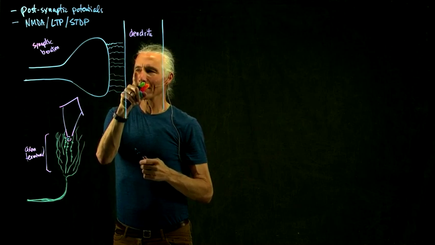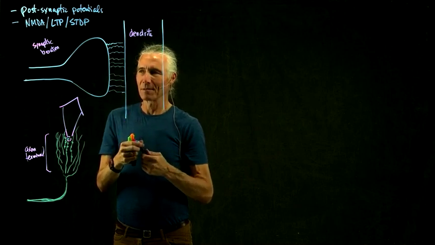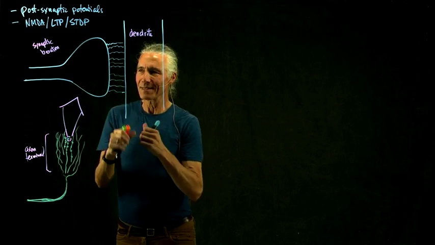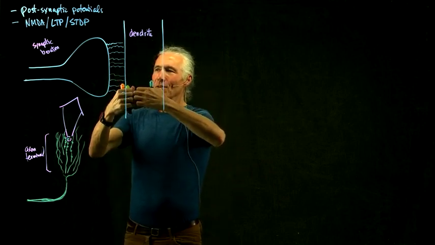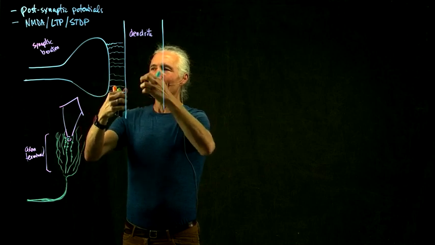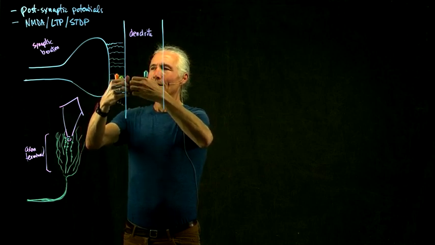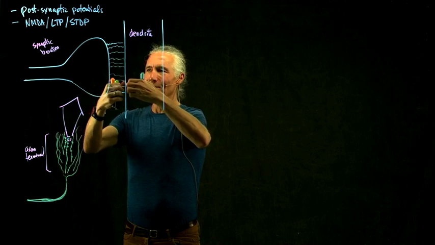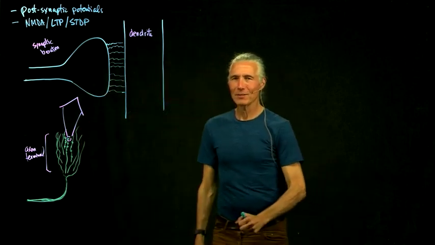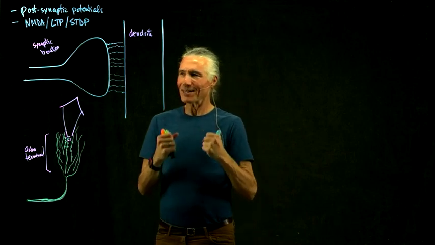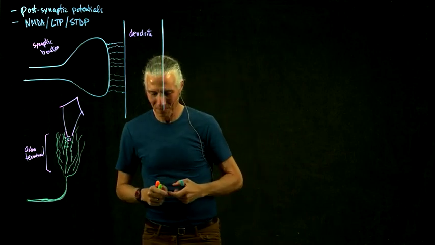As you strengthen a synapse and make it more effective, it actually physically gets stronger. You can show that a stronger synapse, if you try to pry it off the dendrite, is actually stuck onto the dendrite more. So when you're strengthening your synapses, you are physically making them stronger.